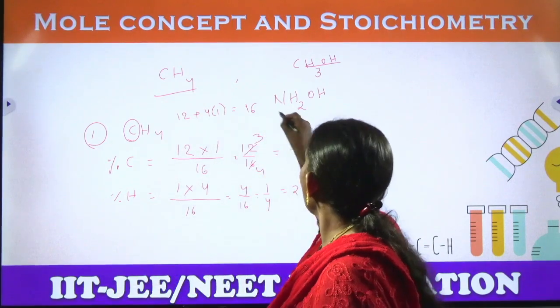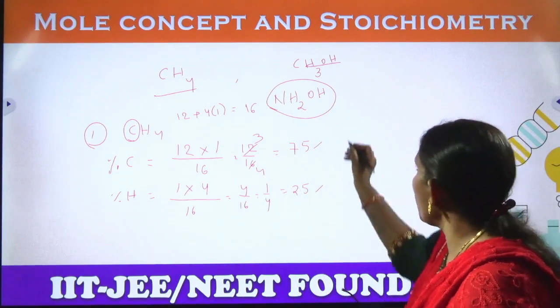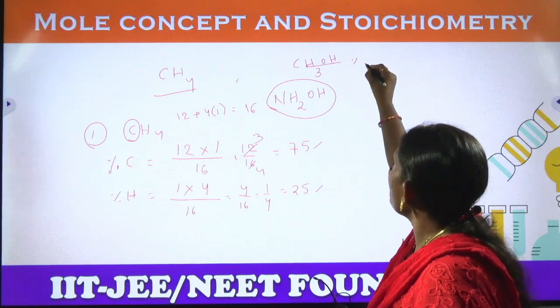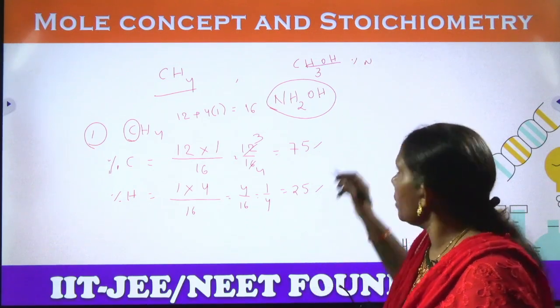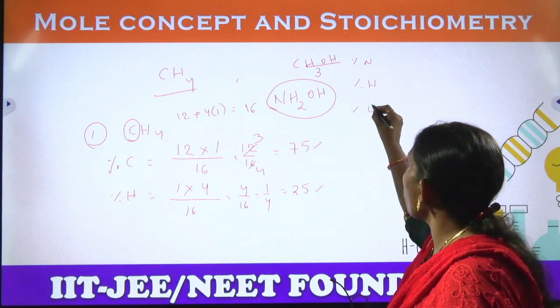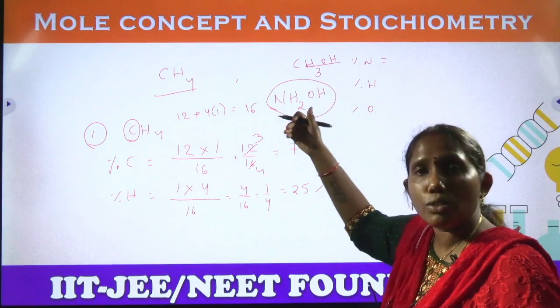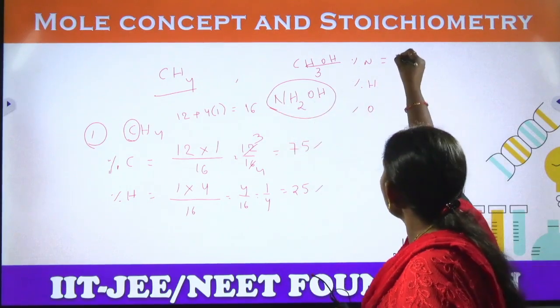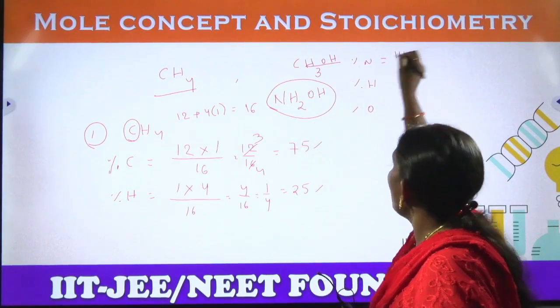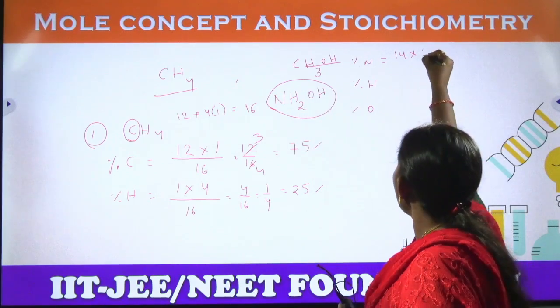Suppose we take NH2OH. For NH2OH, we want to calculate the percentage of nitrogen, percentage of hydrogen and percentage of oxygen. See here, percentage of nitrogen. What is nitrogen's atomic weight? It is 14, into how many nitrogen atoms are there in the given molecule? Only one nitrogen atom.